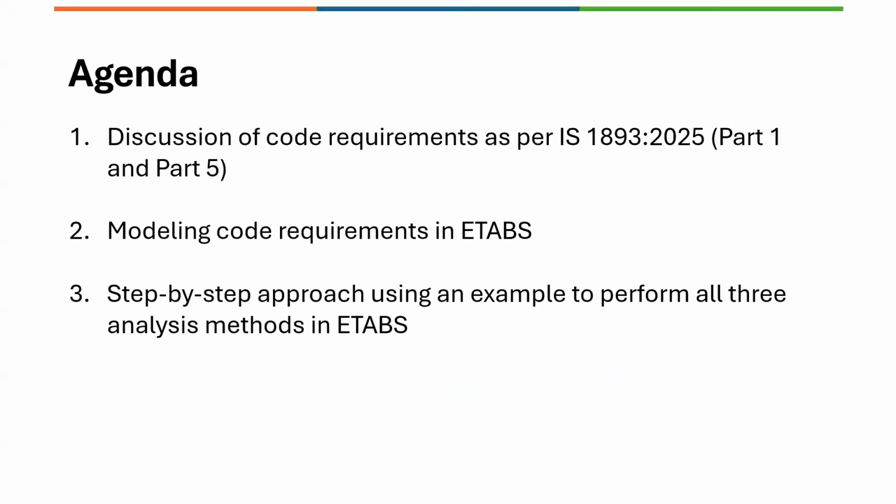And today's agenda will be focused on these listed points, basically the brief discussion on the code requirements and the modeling code requirements in ETABS, and all of these in a step-by-step approach in an example to perform all three analysis methods in the program. So it is restricted only to the analysis part.